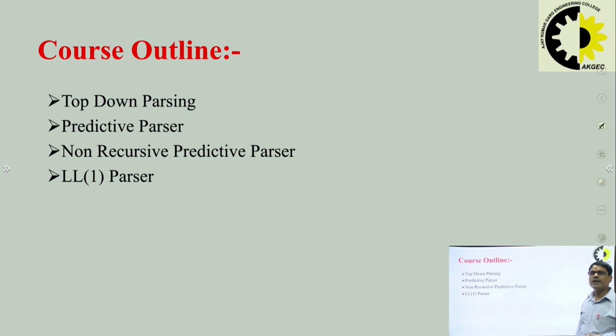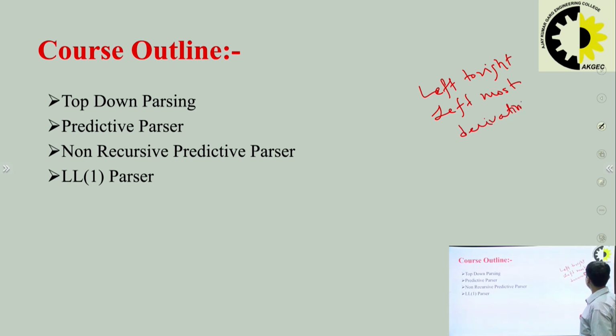It is called LL1 because the first L stands for left to right, since the scanning process is left to right, and the second L means it uses leftmost derivation. The 1 stands for lookahead. That is the total meaning of LL1 parser.